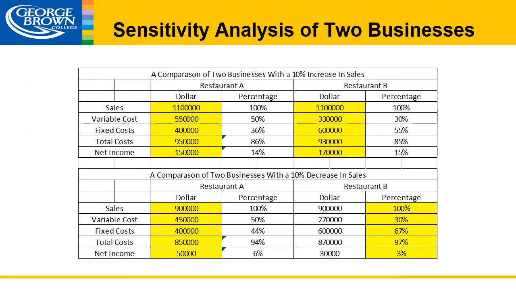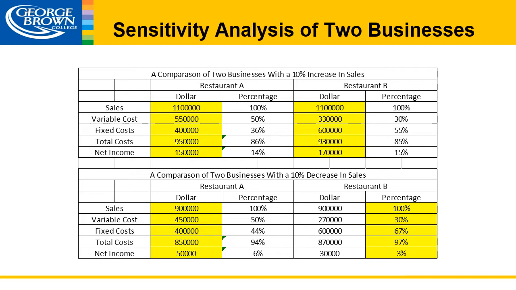So here's a really quick sensitivity analysis of the two businesses that we gave examples of. You recall from the previous example that at $1 million in sales, they both had a net income of 100 grand, but they had different cost structures.